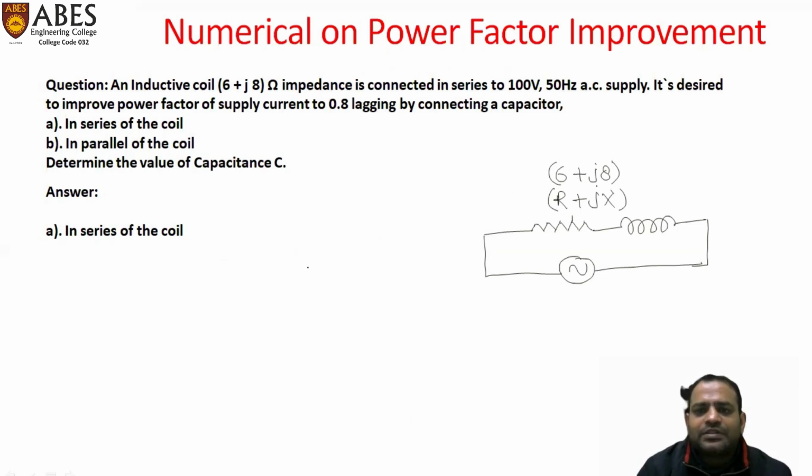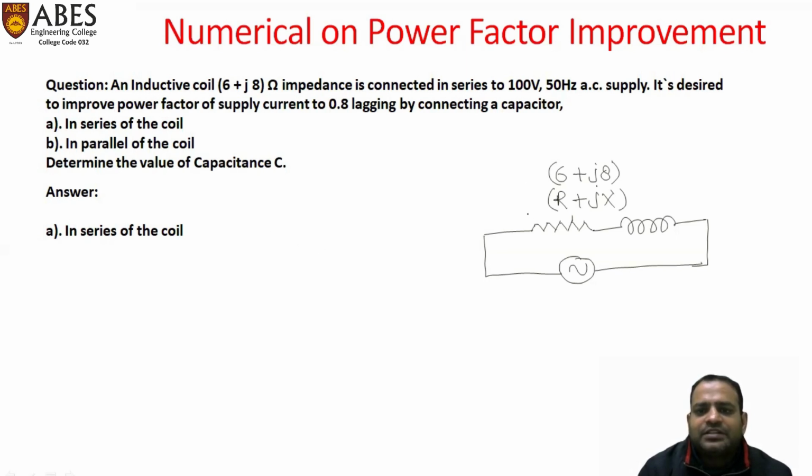Now we have two choices: first, connecting a capacitor in series, and second, connecting a capacitor in parallel. We have to find the capacitance in both cases.